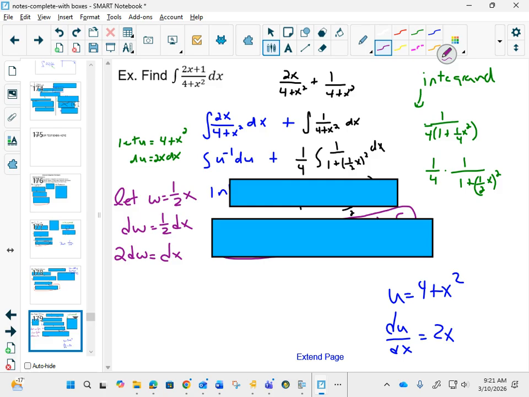If you wanted to do that substitution, I'm not going to uncover the boxes, but here we have u to the -1, which is your natural log. So you're going to get, I'm not going to uncover these, I'll just work from here. I'm going to get natural log of the absolute value of u plus 1/4, and if I do the substitution here, I'd have 1 over 1 plus w squared and 2 dw.